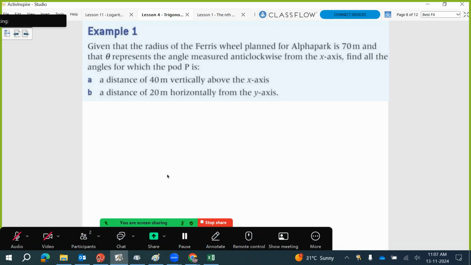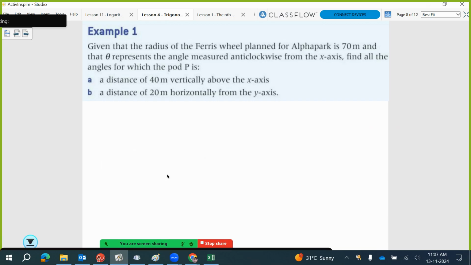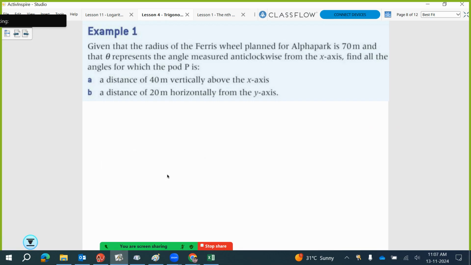All right, so we have a Ferris wheel which is planned. And what we need to do is we need to sketch this a little bit. So let's draw up some axes.